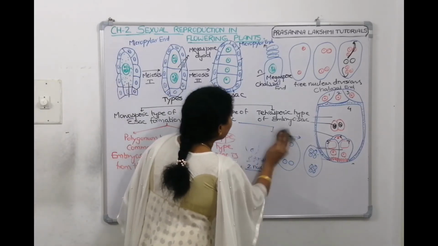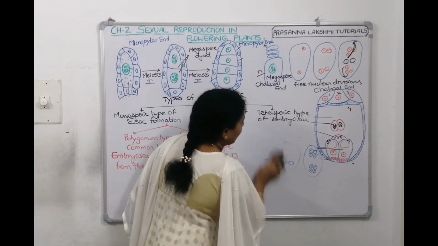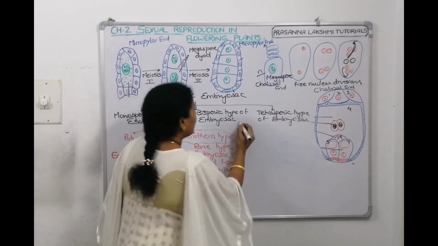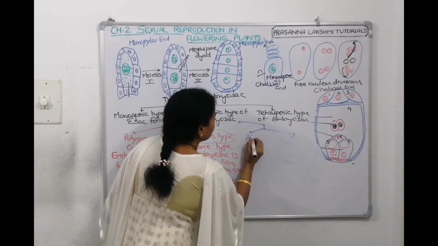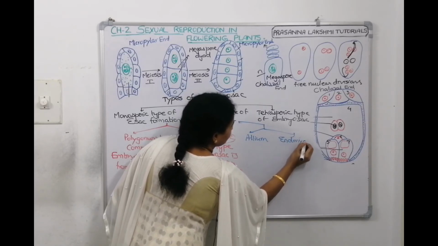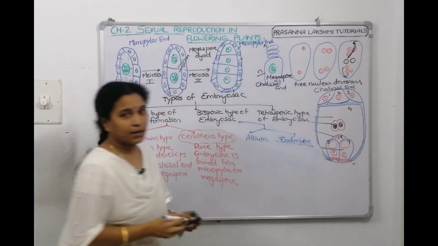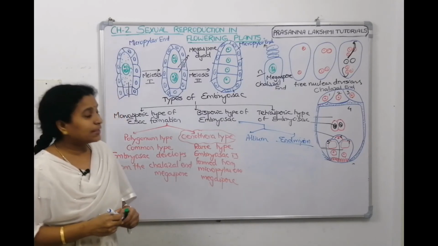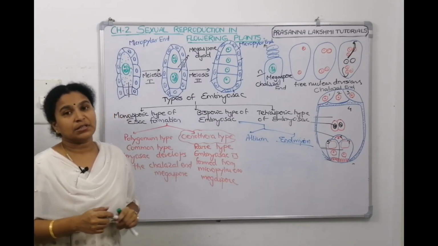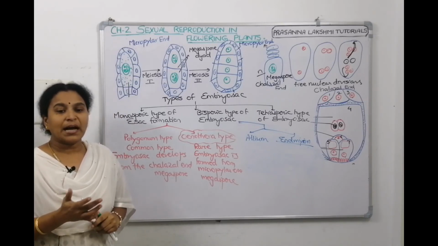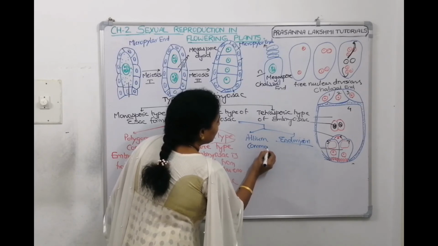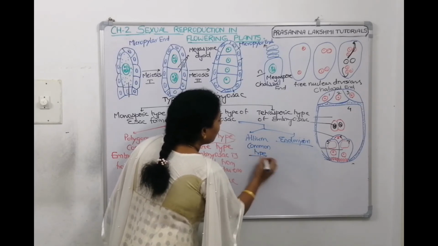Again, we can divide the bisporic type of embryo sac into the Allium type and the Endymion type. What is the Allium type of embryo sac? Again, we tell this is a common type. What do you mean by common type?